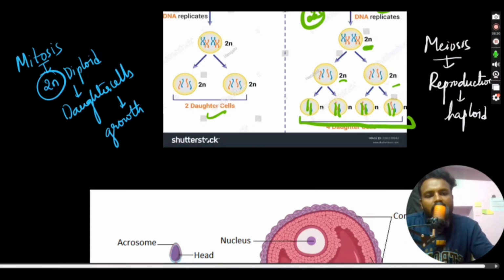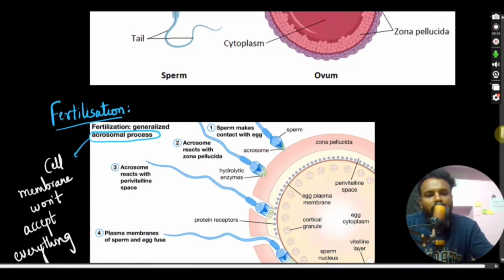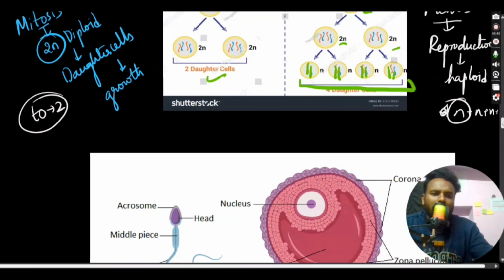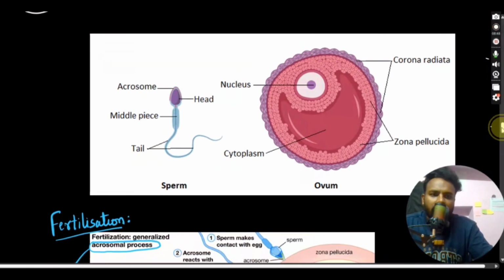We can see N plus N plus N plus N, it means haploid will be happening here, right? So mitosis is for growth, 2N, and meiosis is N. Simply remember that, so as not to get confused.